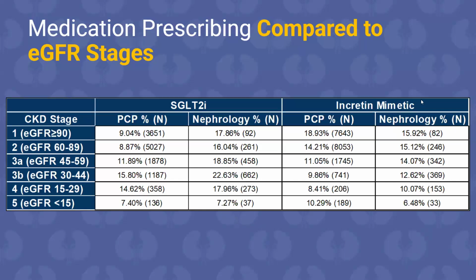And same with the use of the incretin mimetics, which is the GLPs and the GLP/GIP ones. So slightly ahead in terms of the more advanced kidney disease until you get to stage 5.